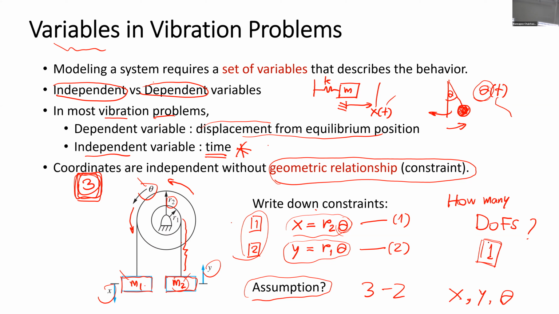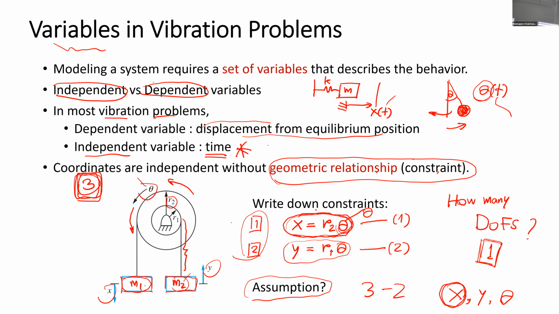If you say this system has 1 degree of freedom and it can be described by x, x can describe the motion of mass 1. And by the geometric relationship, or by the constraint, you can obtain theta if you know x.